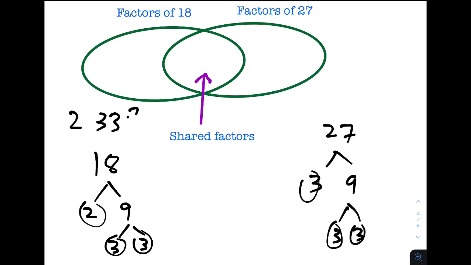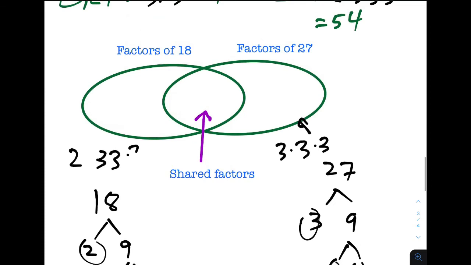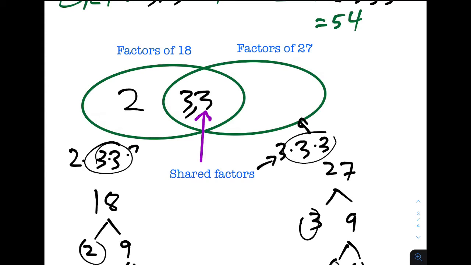So that's 3 times 3 times 3. So I have 3 times 3 times 3 to shove in here somewhere. And I'm figuring out which ones they have in common and which ones they don't. So it looks like there's these 2 3's and these 2 3's that are in common. So I'm going to say that the shared factors are 3 and 3. The factor of 18 that's not shared, that's unique, is 2. And for 27, there's this one 3 out here that's not shared.